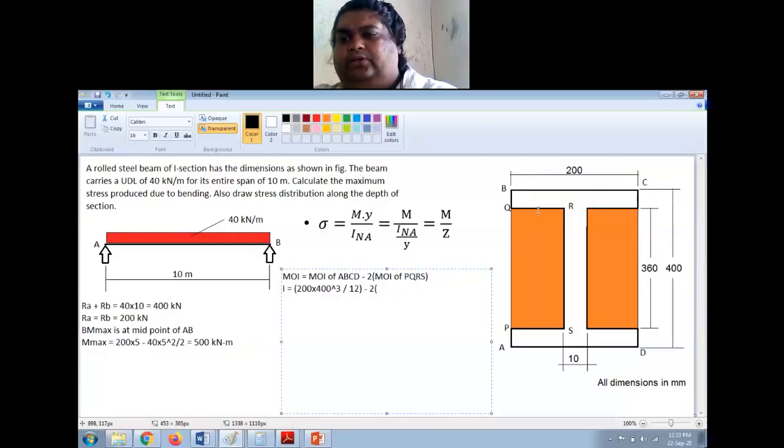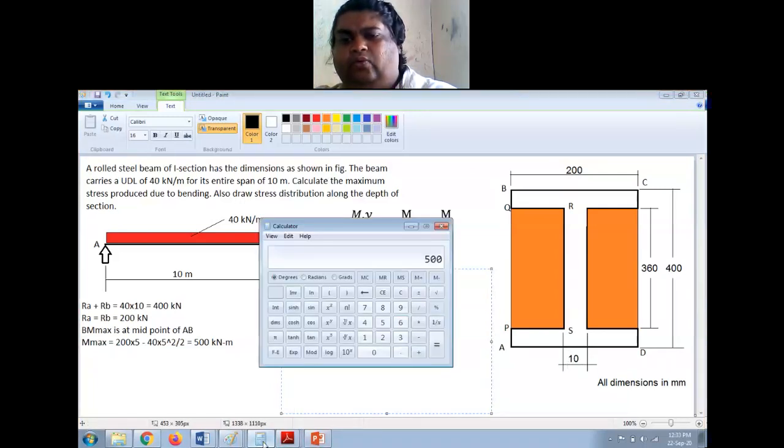Now b is, you have to find this b first. So this length BC is 200. Out of this 200, I have to subtract 10 from this, right? So 200 minus 10 is 190, right? And half of that is QR and remaining half is here. So 190 by 2, that is 95.